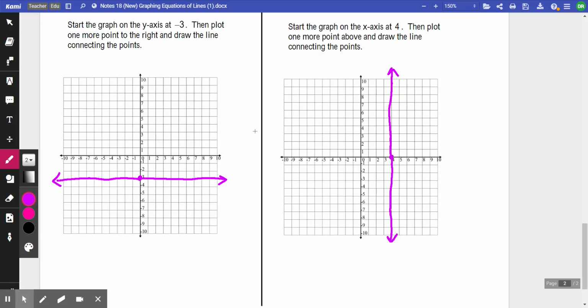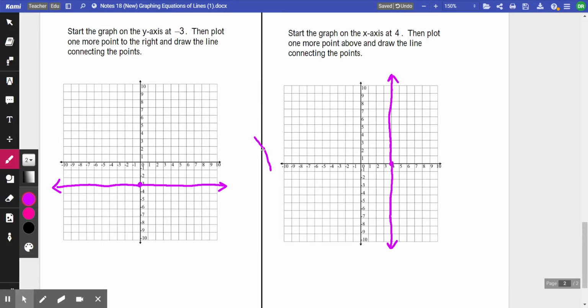And how I graphed every single one of these was I started off by plotting a point, and then I used my slope to move. Okay. Horizontal and vertical were a little bit different. Okay, but in general, you just start off with one point, and then your m, your slope, tells you how to move. And that is how you graph lines.